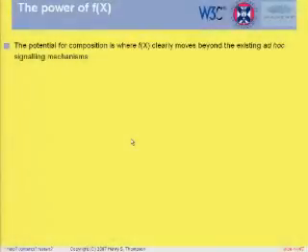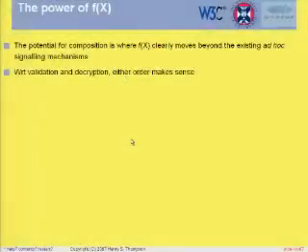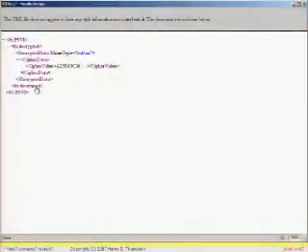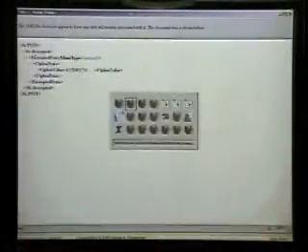And of course, it's the power of composition where this thing gets really useful. Either order makes sense. You can say, what I really want is the post-schema validation infoset that you get by validating the unencrypted document you get by decrypting the thing you've got here. Or, alternatively, you can see where this is going.